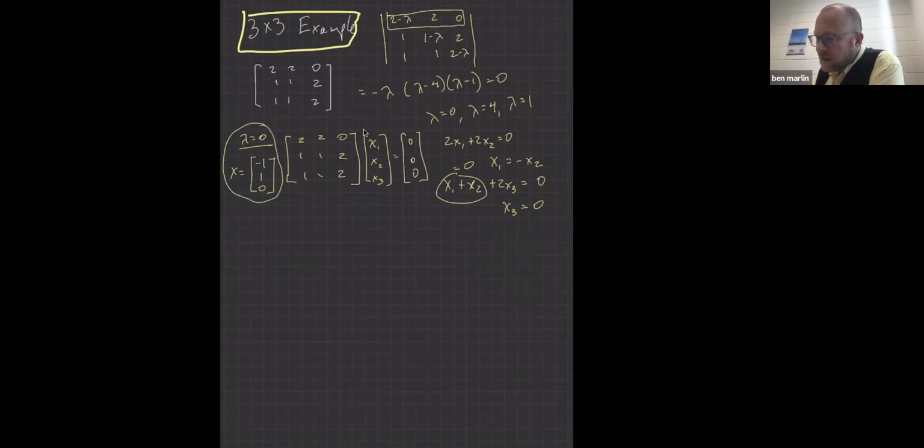Okay? And I am going to tidy this up a little bit here and just write down x1 plus x2 plus 2x3 equals 0. All right. So now we're going to try the next one, which was lambda equal what? 4.